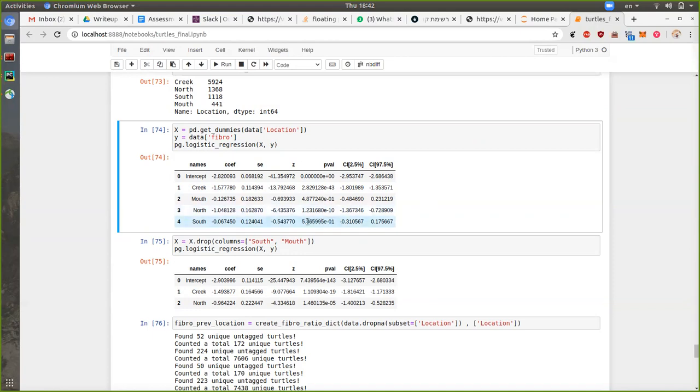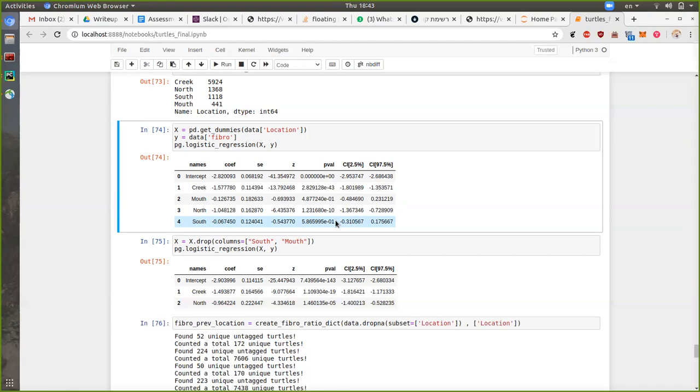Insignificant. It's not 0.06 or 0.05. Nope. 0.58-ish. So I don't know. I guess the second thing on my to-do list is to understand what's going on with this logistic regression. Okay, let me write that.